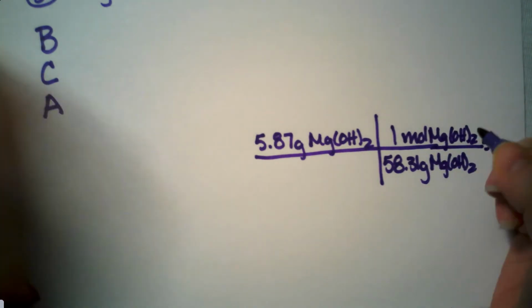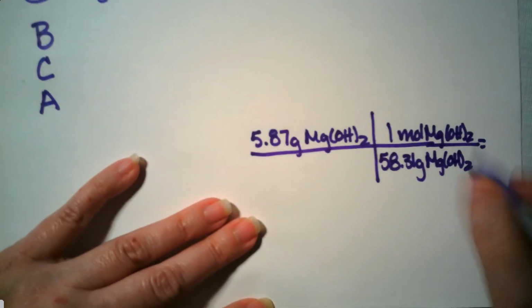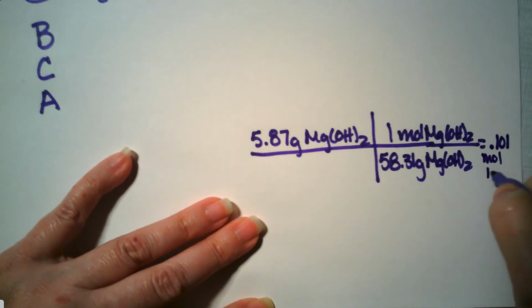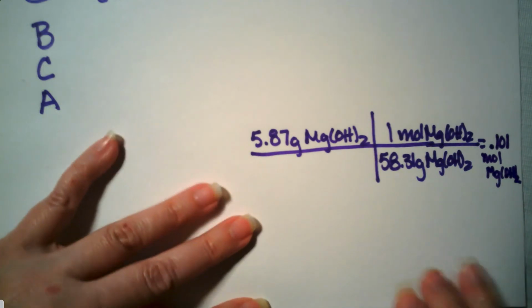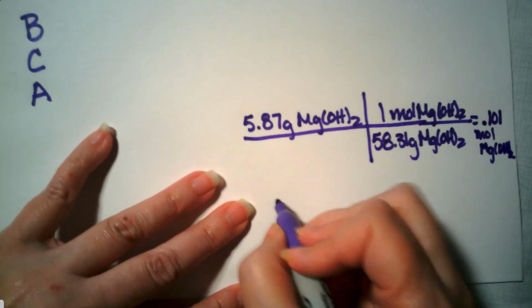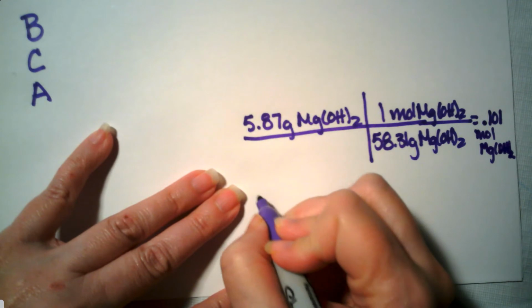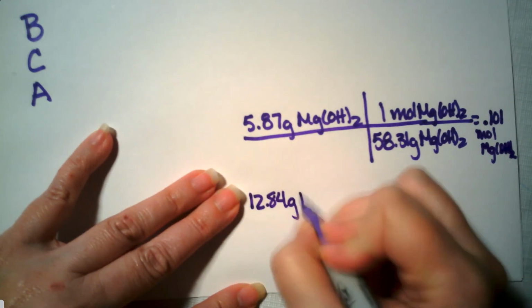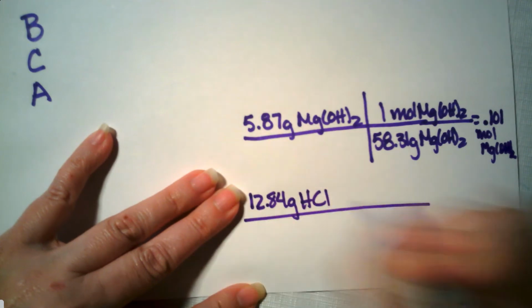And that gives us 0.101 moles of magnesium hydroxide. Sorry, kind of sloppy.